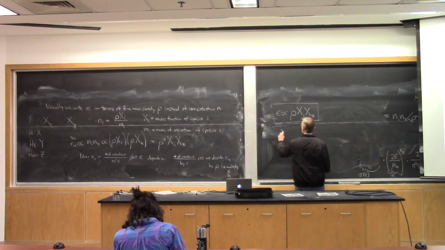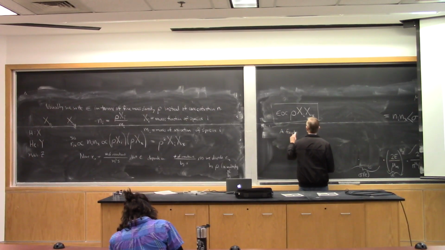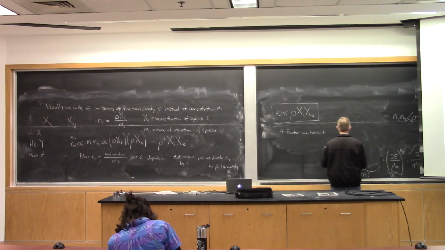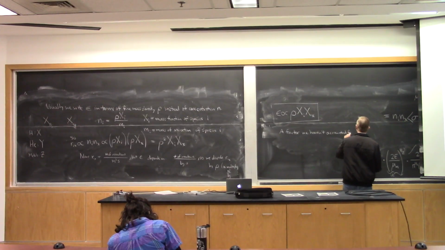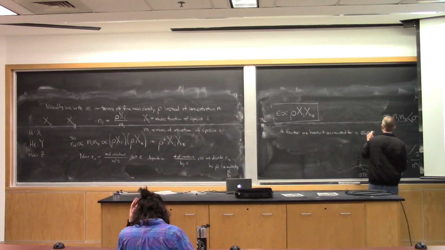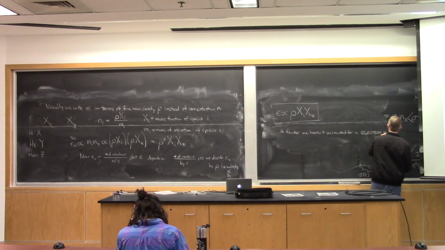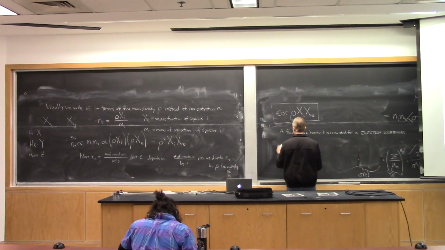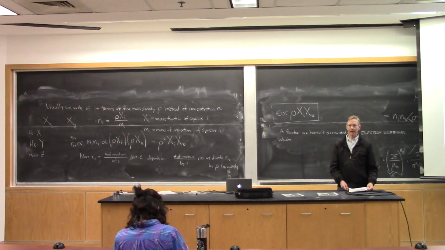So one thing that we have not accounted for, and we're not going to do it in any detail, but just know about it. A factor we haven't accounted for that the pros need to know about is electron screening. And that reflects the fact that in the sun's core, everything's ionized.